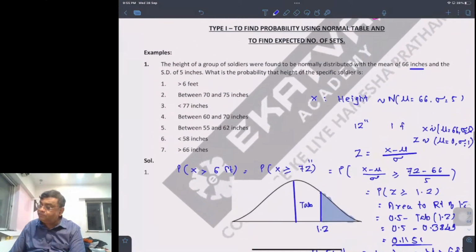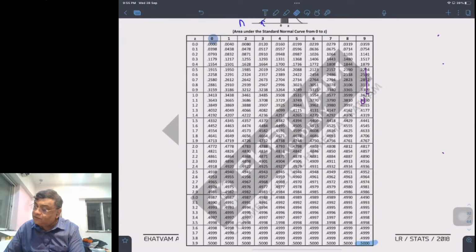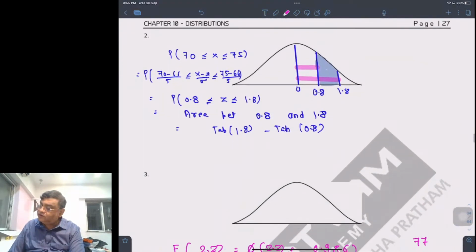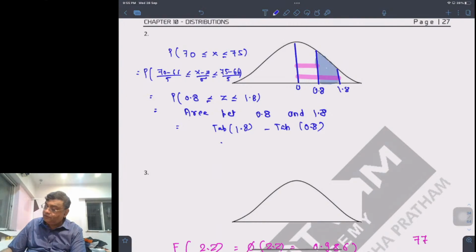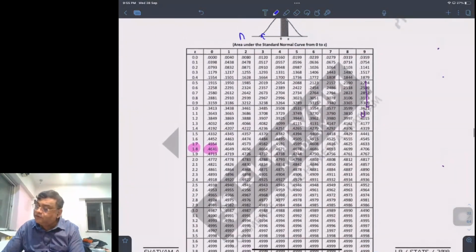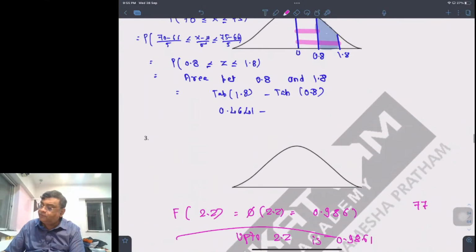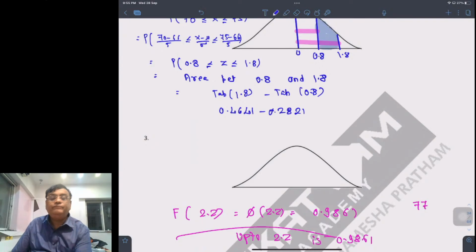Now 1.8 means 1.80. 1.80 का अगर टेबल वैल्यू के तरफ देखेंगे तो टेबल वैल्यू कितनी मिलती है. 1.8 के लिए वैल्यू is 0.4641, and therefore this is 0.4641, minus the table value for 0.8, which is 0.2881, and therefore this is 0.4641 minus 0.2821. और ये जो डिफरेंस आएगा that will be the probability that you want.